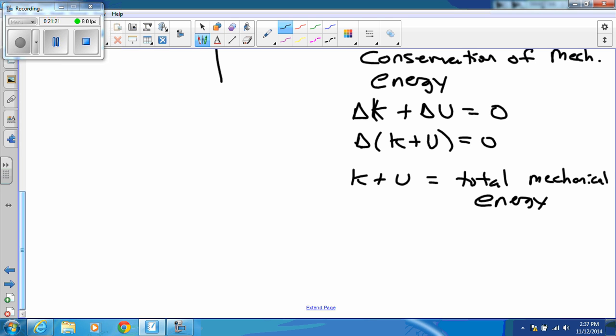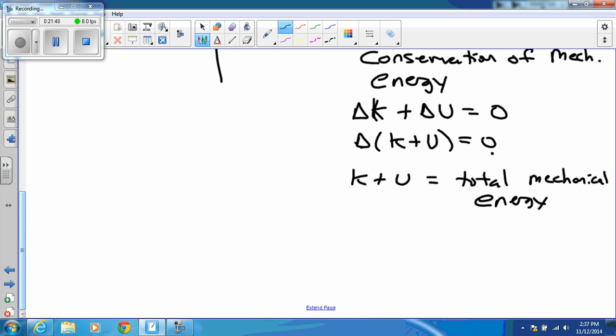Now, total, obviously, because we're adding up all of the different types of energy, kinetic and potential. Mechanical, because we're considering only mechanical energy, we're not considering heat energy, for example. And the conservation of mechanical energy says that for objects that have potential functions, no mechanical energy is lost.